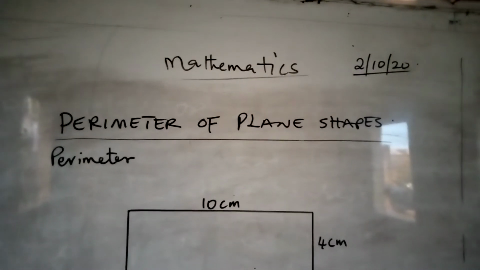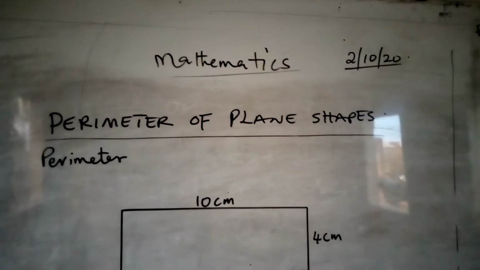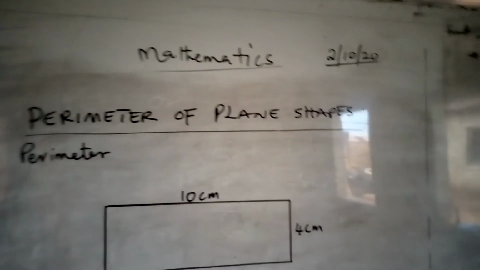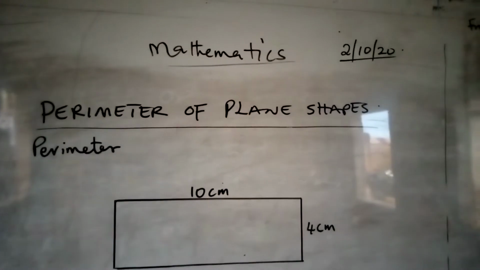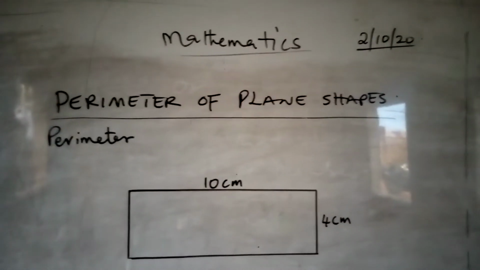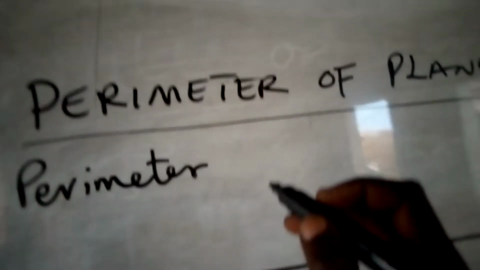Today I'm going to be discussing the topic perimeter of plane shapes. Of course, you know what perimeter is. Perimeter is the distance surrounding any shape.